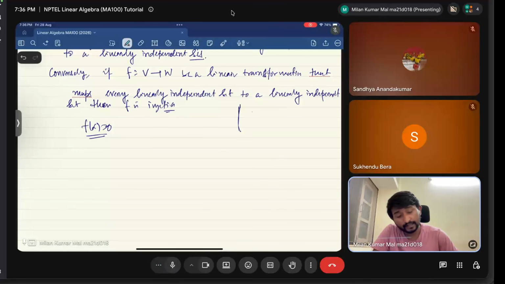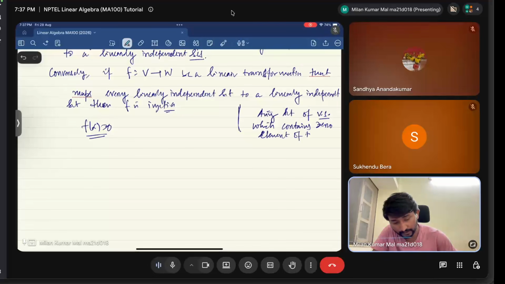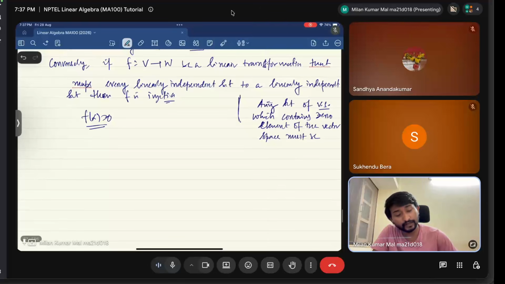Here is a fact: any set of a vector space which contains the zero element of the vector space must be linearly dependent.